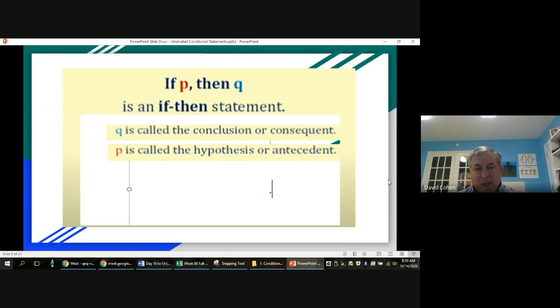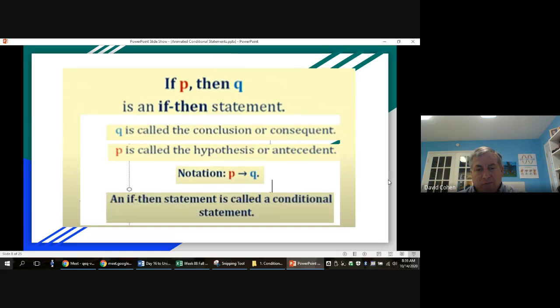Don't worry about spelling. Just try to see that there's a hypothesis P, the if, and a conclusion Q, the then. So here's the notation with the arrow leading from the hypothesis to the conclusion. And it's called a conditional statement.